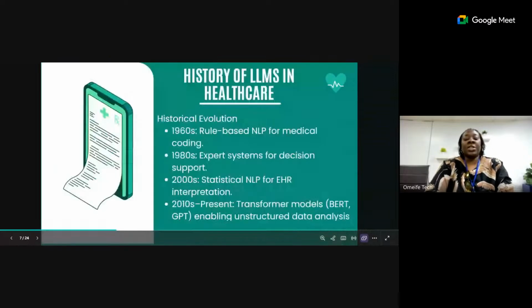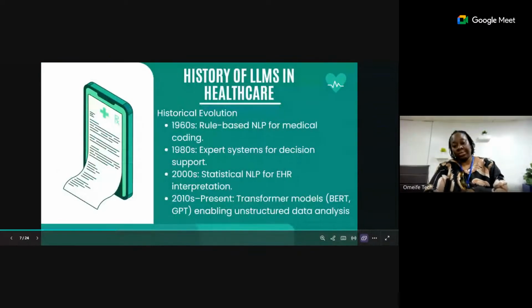Okay, we'll now look at the history of LLMs in healthcare. So looking at the historical evolution, starting from 1960s, we have the rule-based NLP for medical coding, the expert systems for decision support that came up in 1980s.